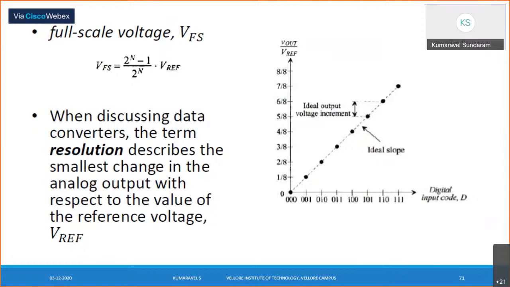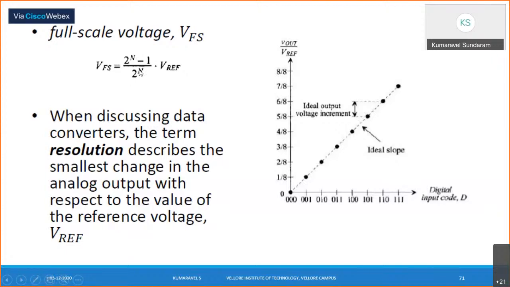The full scale voltage of the DAC is given as (2 power n minus 1) divided by 2 power n into Vref. For example, for a 3-bit resolution DAC, 000 means 0, and 001 means 1 by 8. So for the full scale, you can write 2 power 3 minus 1 divided by 2 power 3.